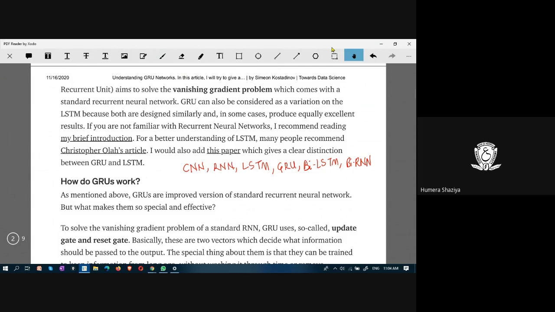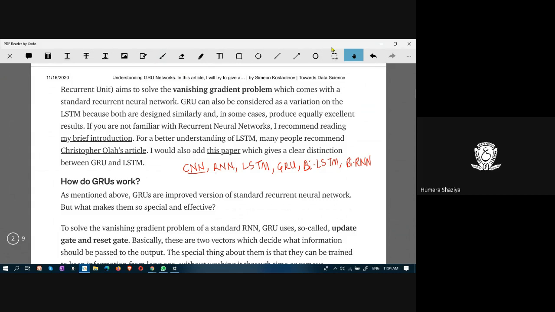If you recall, CNN is convolutional neural networks for images, RNN recurrent neural network mainly for text and time series data. LSTM, long short term memory, is an extension or variant of RNN, a newer model that overcomes the problem faced in RNN, which is the vanishing gradient problem.